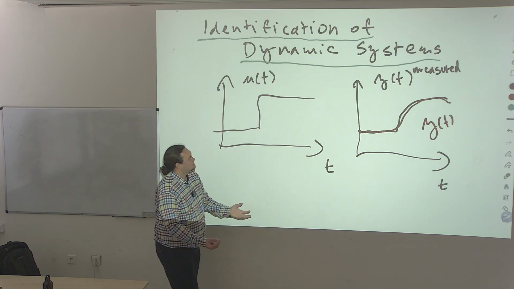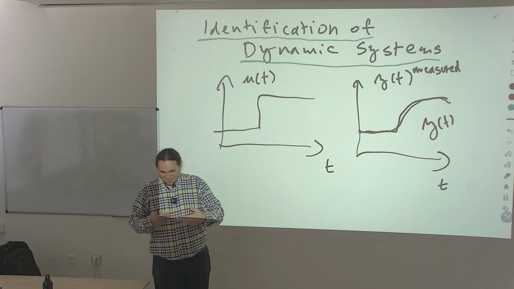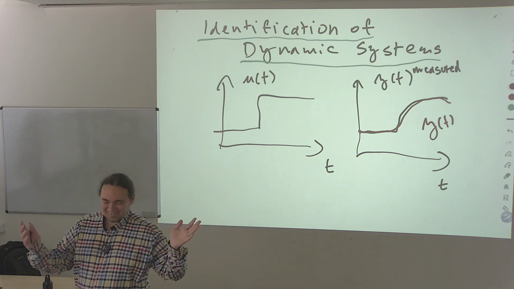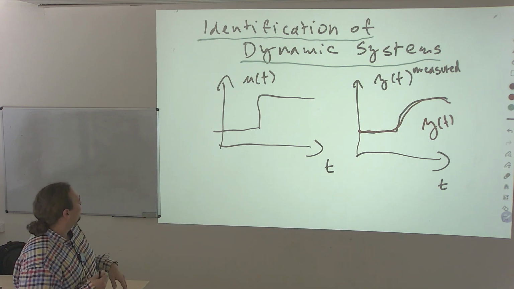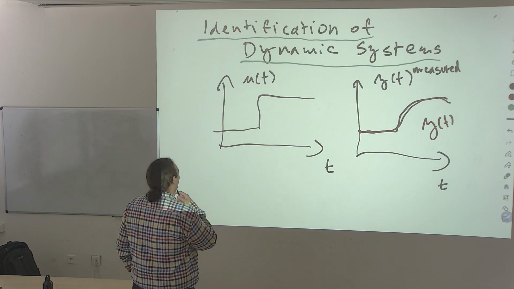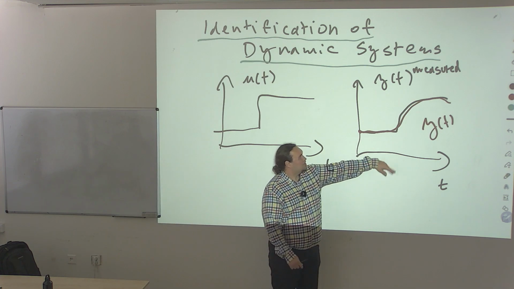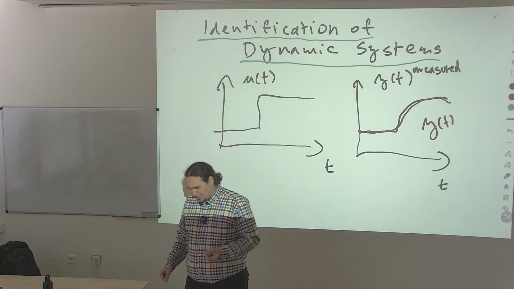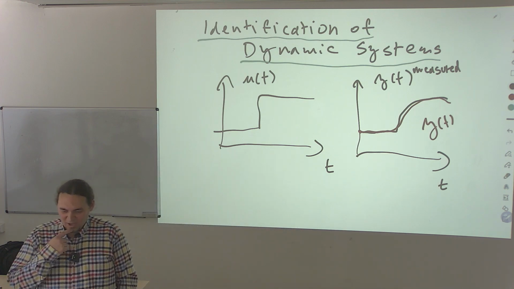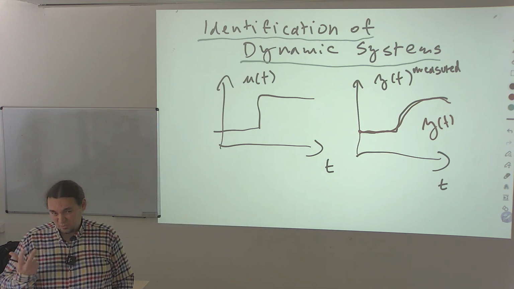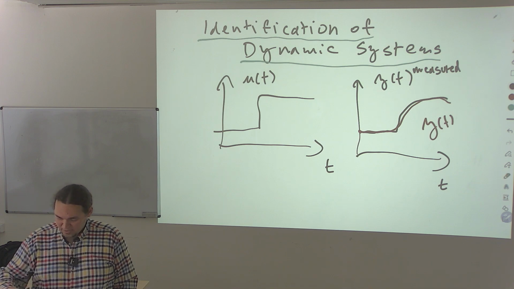So is it always that somebody will give me, here is the nice step response, we only jumped with one signal at a time, we measured everything correctly. It's not gonna be the case always, so the question is how to generalize this.